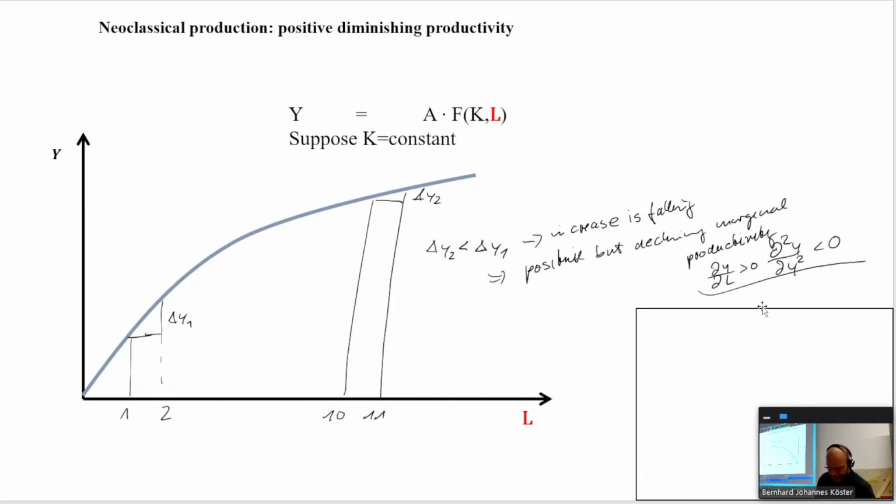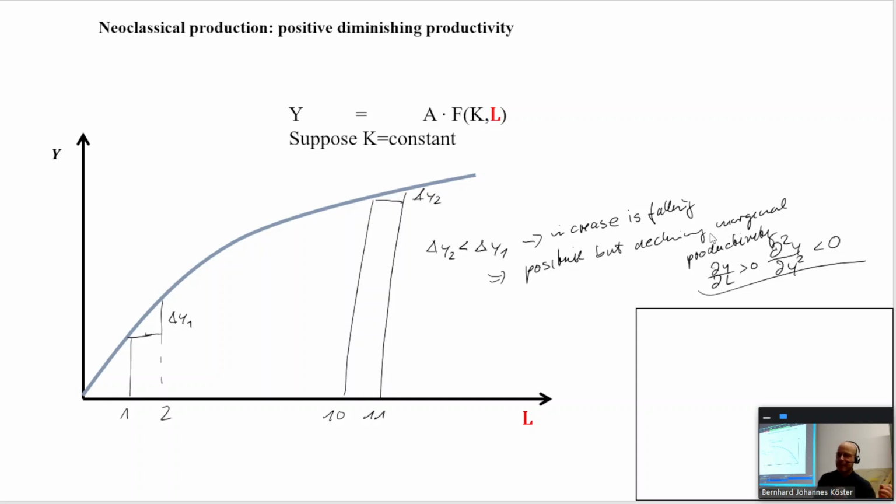Okay, let me put down here myself. So we talked about the curvature of the production function and that it is right-bended, and the reason for this was that in general we suppose that if we are already at a high level of production, then adding something is harder and harder.